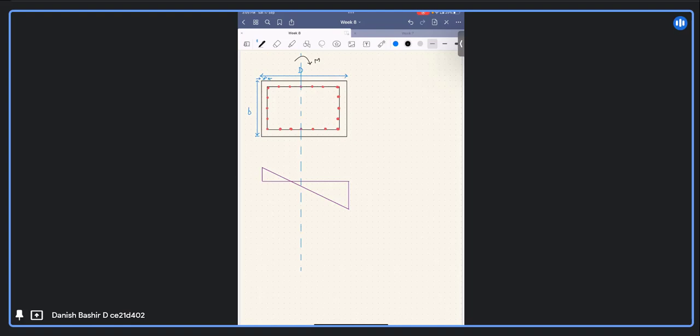We will try to draw its strain profile. The strain profile will be like this. For example, this moment is acting on this column section clockwise. If we draw this section, this moment will try to bend it like this.